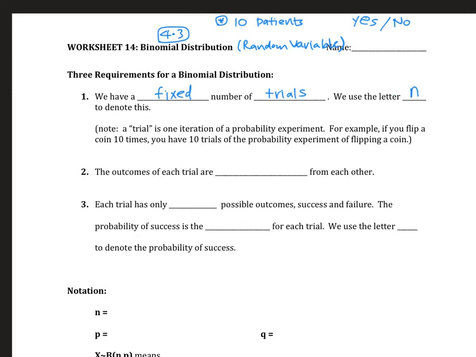The outcome of each trial is independent from each other.